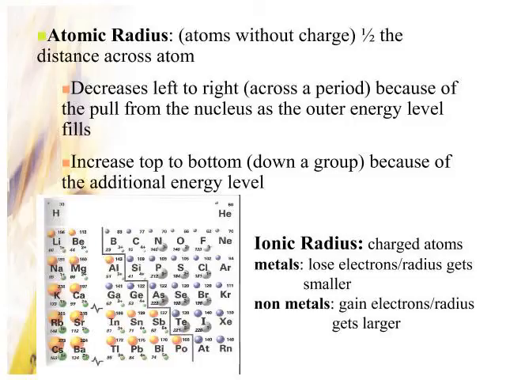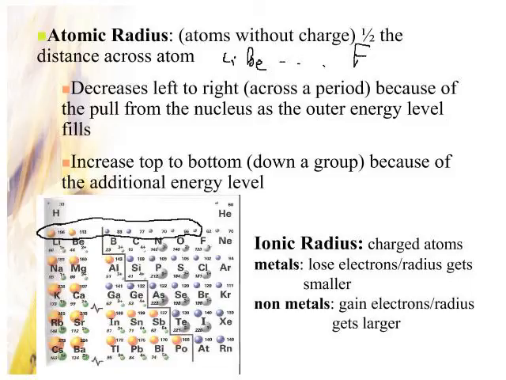Alright, so the reason the atomic radius decreases going across the period is because if you're going from lithium to beryllium all the way to fluorine, you're within the same row, and you can visually see right here that the atomic radii are getting smaller.